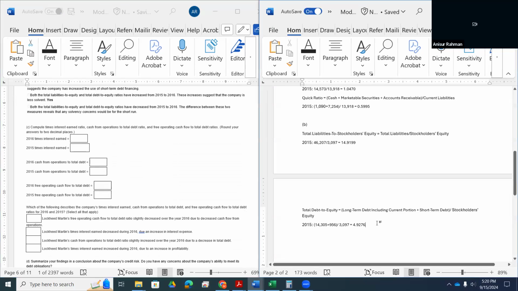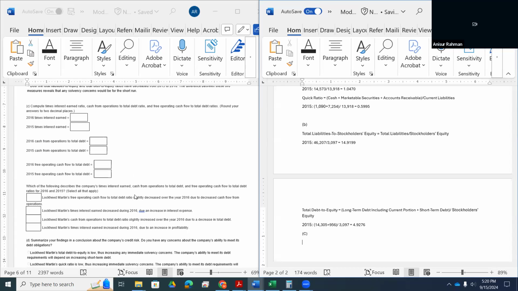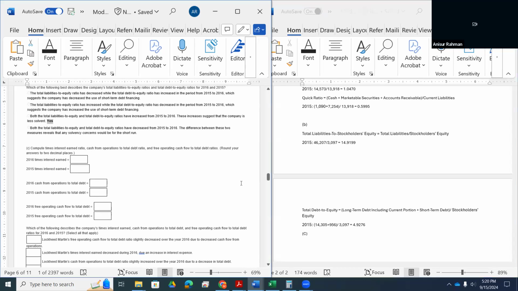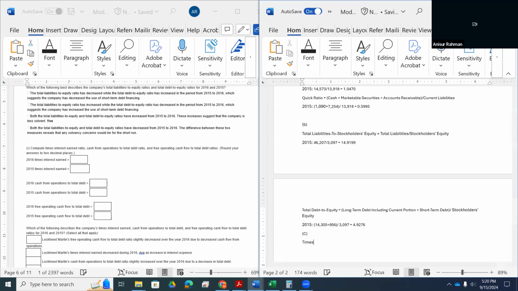Part C. We have to calculate times interest earned. So times interest earned is equal to earnings before interest and tax.